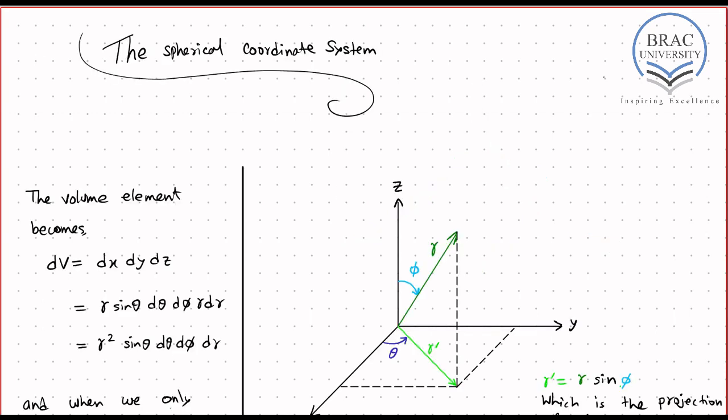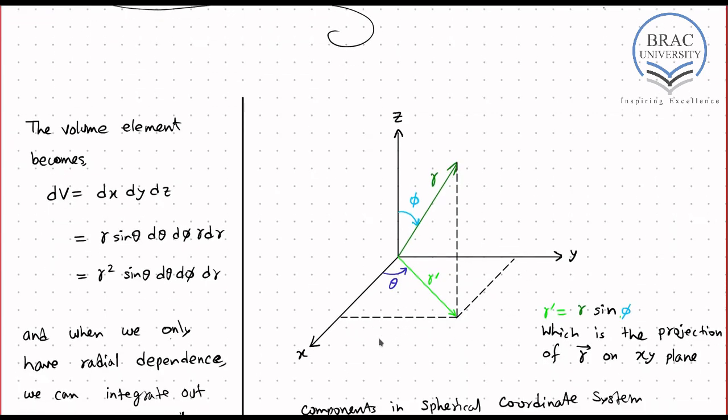Let me say a few words on the spherical coordinate system. I have drawn a diagram here, and we have the x, y and z axes labeled using the right hand rule. This vector r is the actual vector, the distance from the center of our coordinate system, and this vector r, although I haven't used the vector sign, makes an angle of phi with the z axis, and the projection of vector r onto the xy plane is r prime, small r prime.